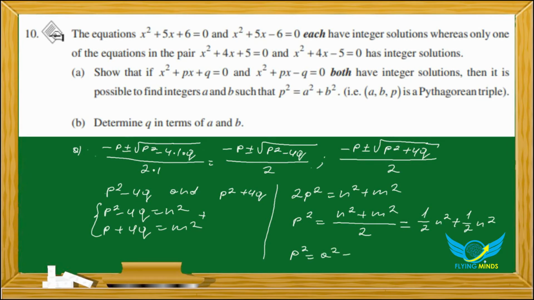We're almost there, except we have these coefficients 1/2 with n² and with m², which are not perfect squares, so we must do some tricks to make both terms perfect squares. We're going to work on it on the next page.